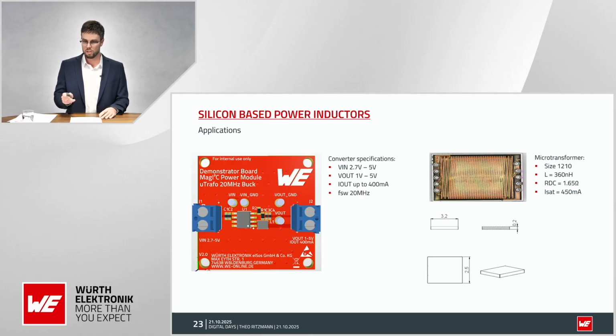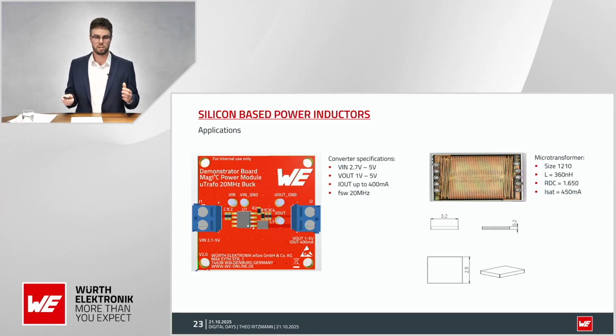You can see in the drawing that the height of the component is really just 200 micrometers. So we can see what kind of applications would be possible with this silicon-based technology. You can go for very fast switching applications or also applications which are extremely flat.